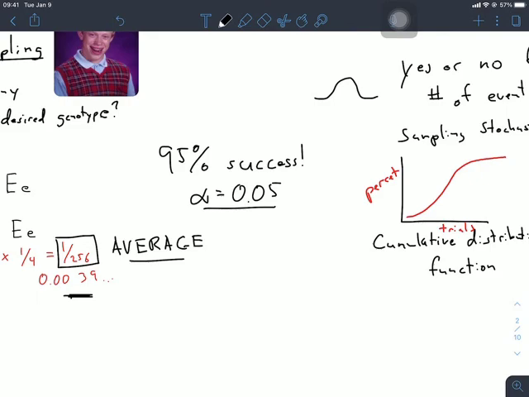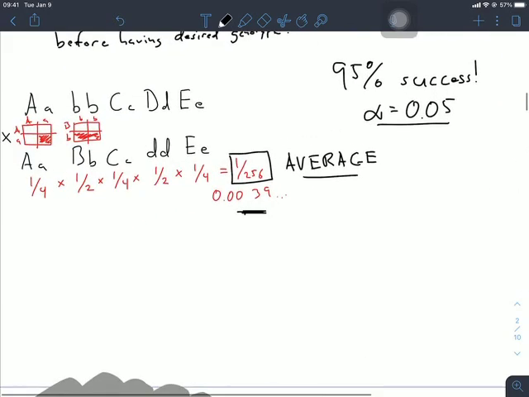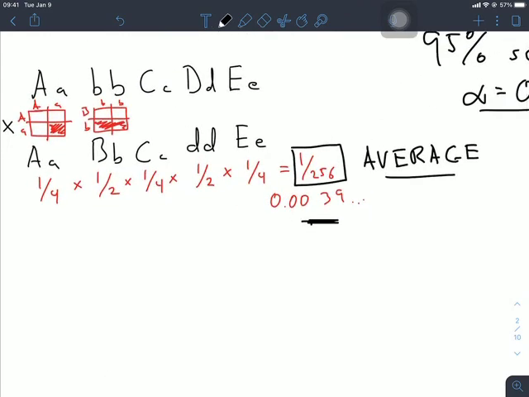So how do we actually solve for this? Well, the formula that I'm going to be asking y'all to use is you have to figure out what is the likelihood of not success. So the probability of obtaining at least one success is the probability of all possible outcomes minus the probability of failure.